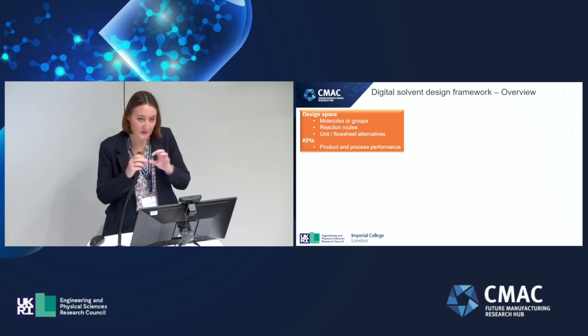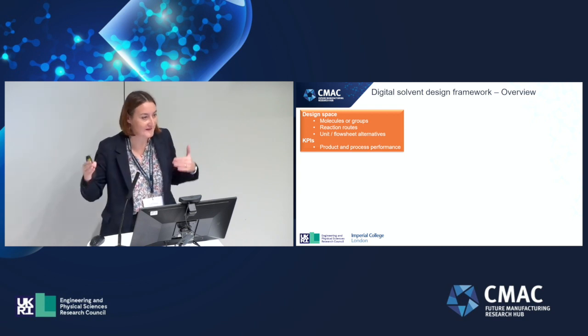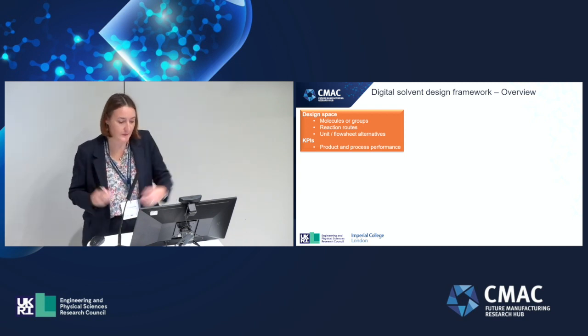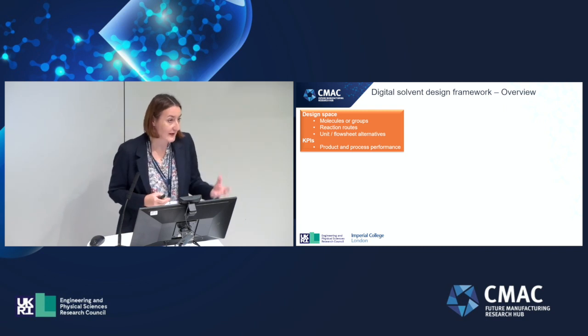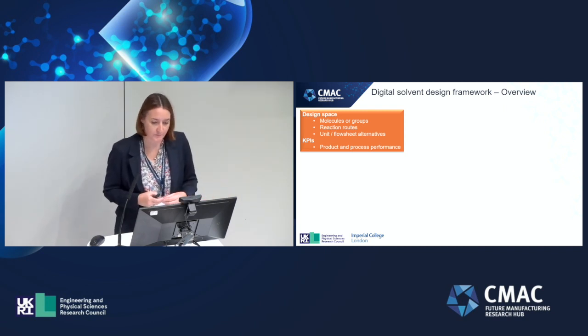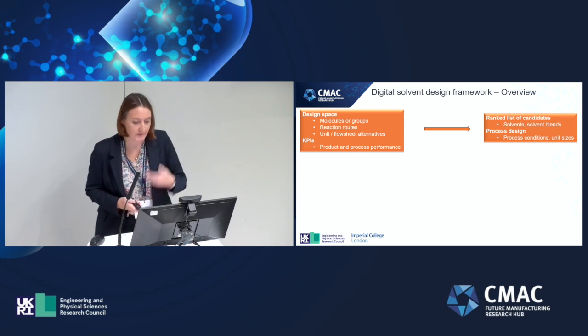We can just focus on the molecules, or we can expand the set of decisions we're willing to consider. And then we need some KPIs that relate to product and process performance. And from that, we want to achieve this ranked list of candidate solvents and solvent blends, process conditions, and so on.